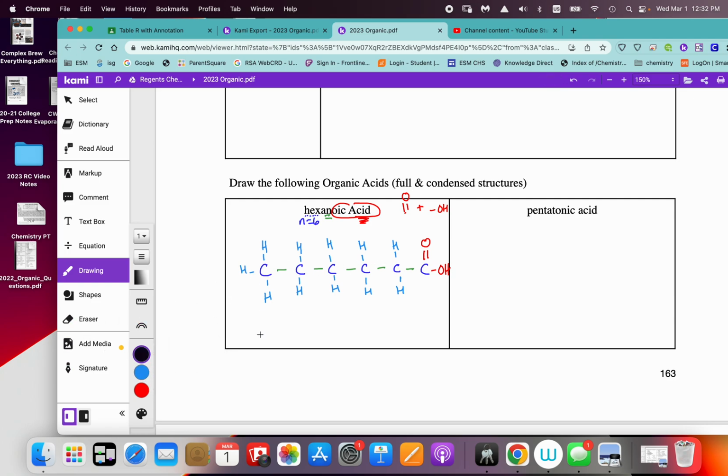Condensed structural: carbon 1 has 3 hydrogens. Carbons 2, 3, 4, and 5 each have 2 hydrogens attached to them. And now carbon 6 has its double bonded oxygen and the hydroxyl group. I see that letter sequence to help me clue in that this is an organic acid.